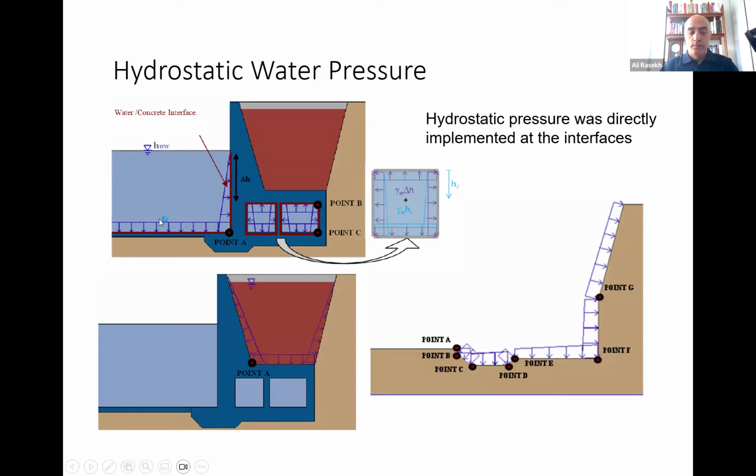The way I liked to do it during that project was to use an acoustic model for water, which couldn't take weight but could apply the seismic pressure, and at the same time apply the hydrostatic pressure directly at the interfaces. There are different strategies for that, but we shouldn't forget either one. Both the hydrostatic effects and the dynamic effects should be accounted for.